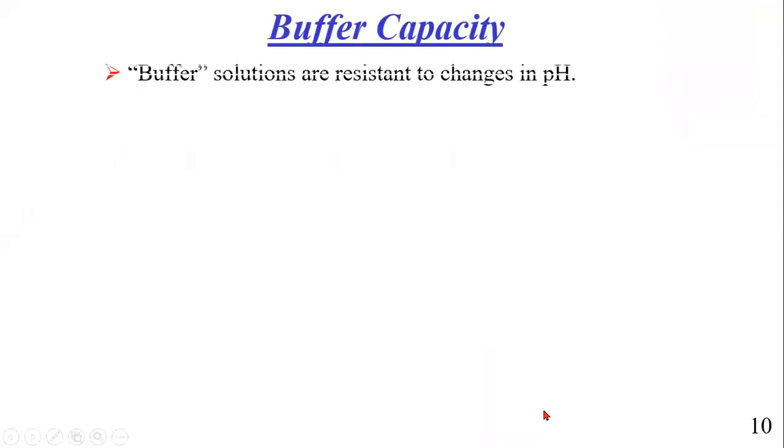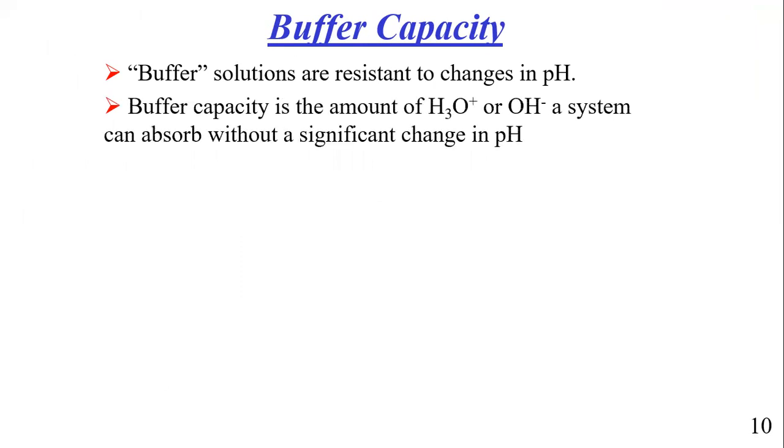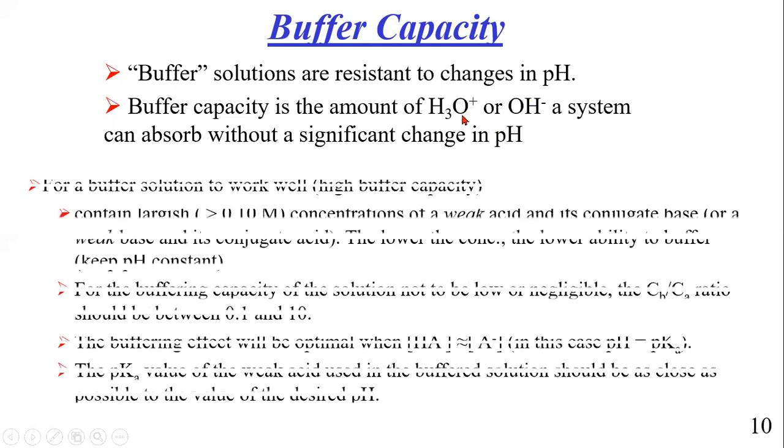Okay. So what is a buffer capacity? A buffer capacity is the ability to resist any change in pH. So it's the ability to take up H3O plus and OH minus in a system. So of course I have to have some acid to take up the OH minus, and I have to have some base to take up the H3O plus.